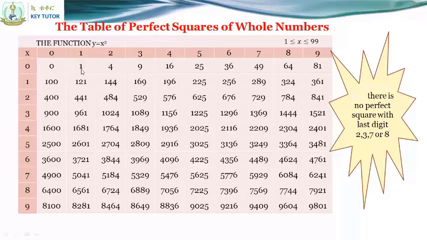In the row of 0, we will see the squares of the numbers from 0 up to 9. In the first cell of the row of 0, you can see 0, which is 0 squared. Under column 1, row 0, you can see 1, which is 1 squared, then 2 squared, 3 squared, and so on, up to 9 squared, which is in the row of 0 and column of 9.